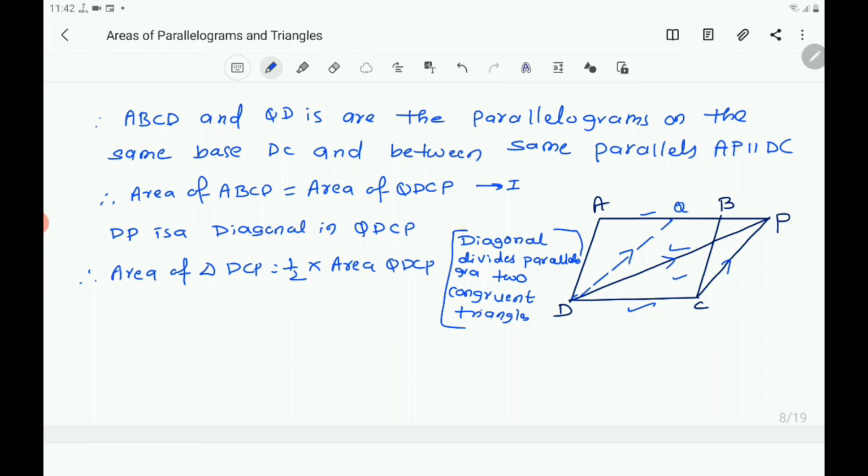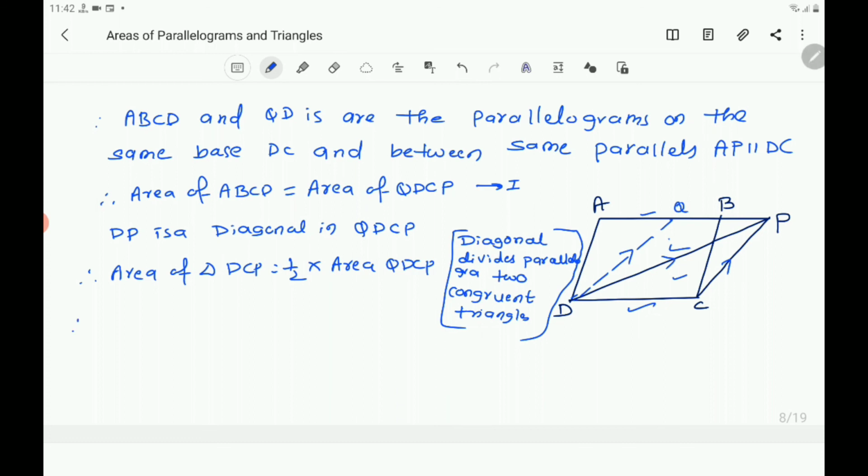Therefore, here the two triangles, triangle DQP and triangle DCP, are having equal area, and they are half of the area of the parallelogram QDCP.